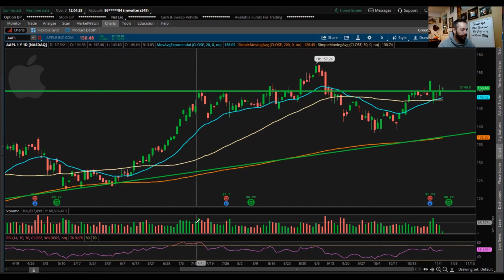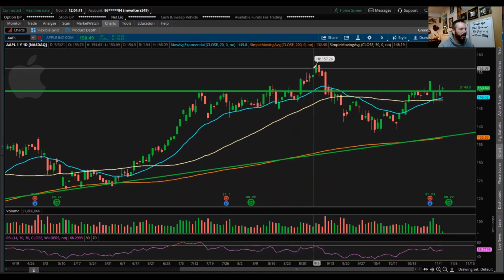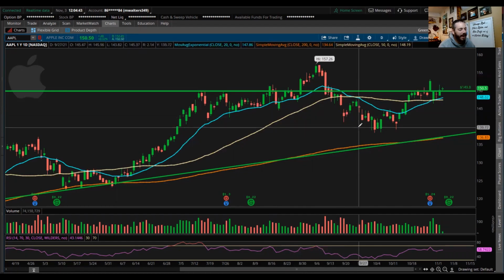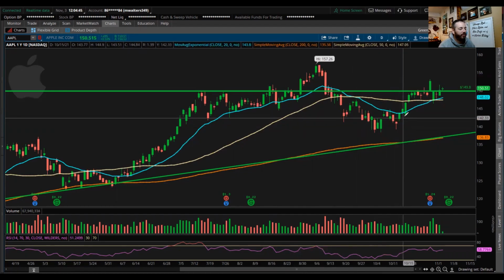Very cold outside. So 149.80. It was resistance here. Resistance here. Couldn't hold over here. Resistance back here in August. Broke above it a little bit, but then came back down and then started this move right here.